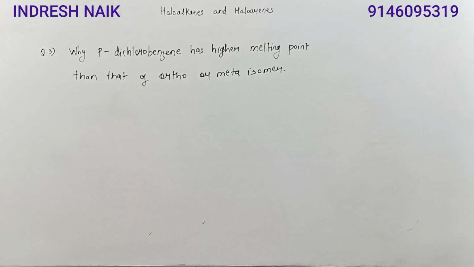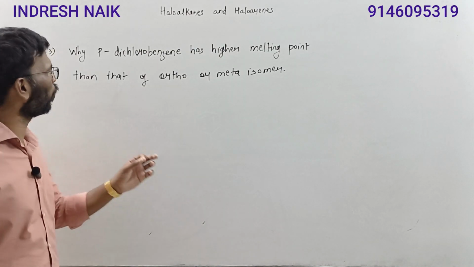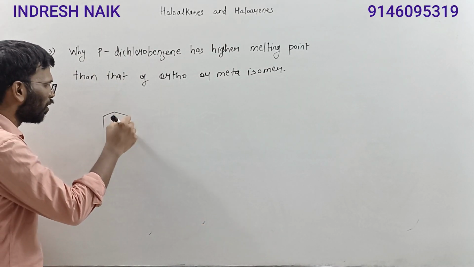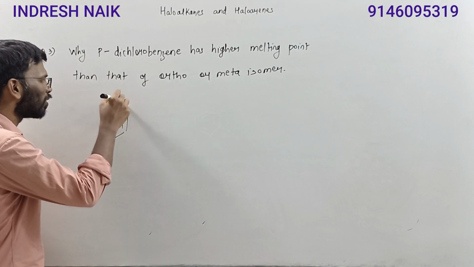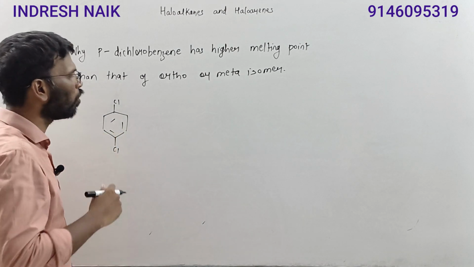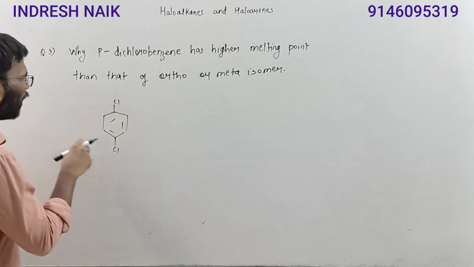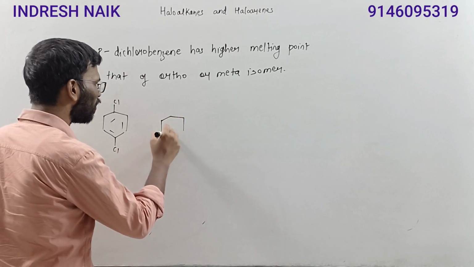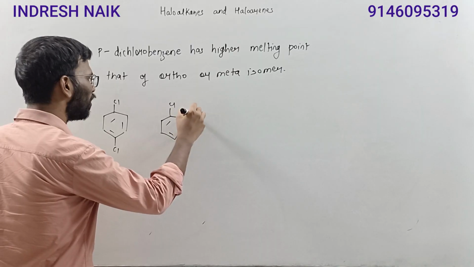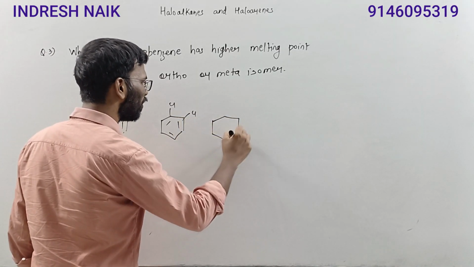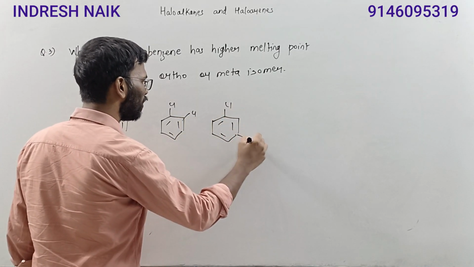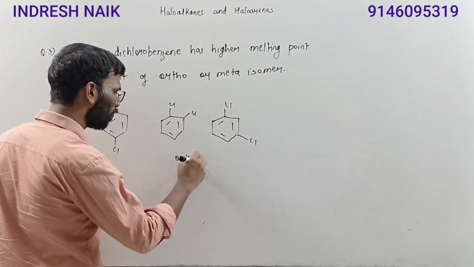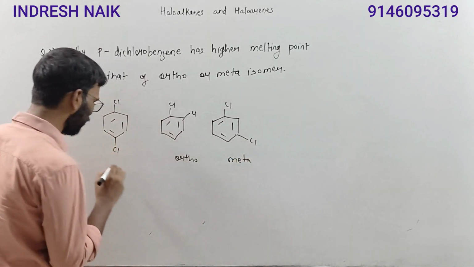Now this question: why does para-dichlorobenzene have a higher melting point than the ortho and meta isomers? Here Cl and Cl, this is the ortho position, this is meta, and this is para.